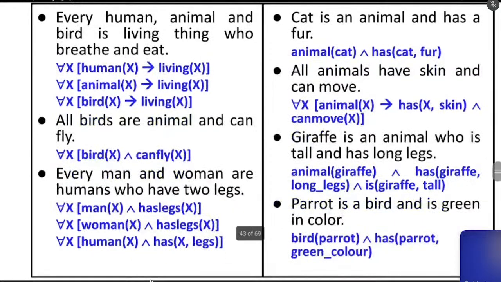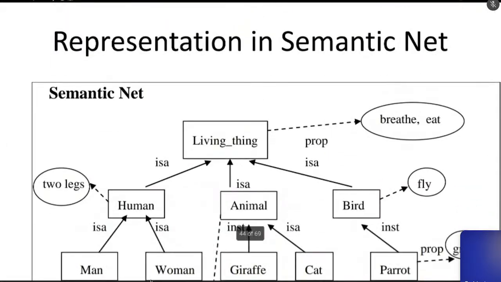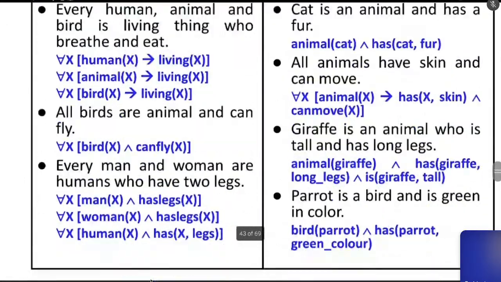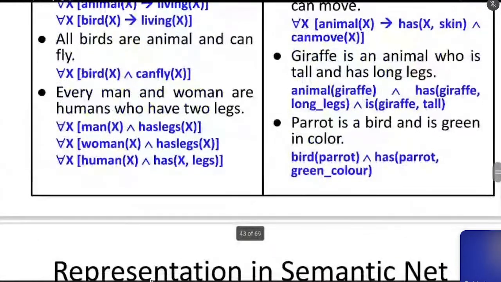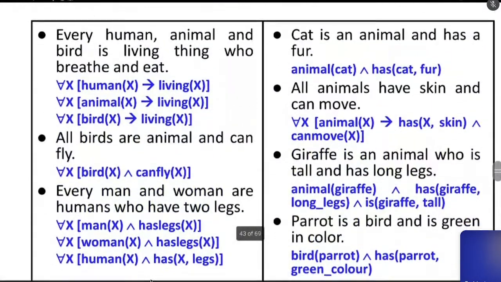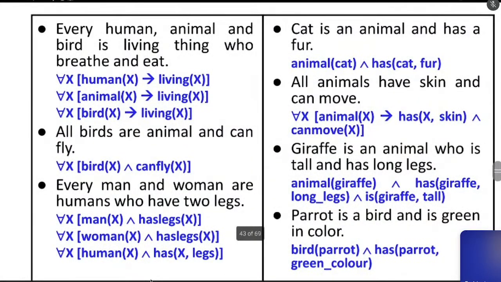Okay, I have some examples. So you have some predicate logic here. In the next slide, they take all these statements and put them in one semantic net.